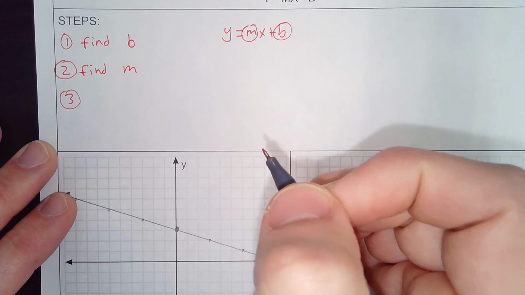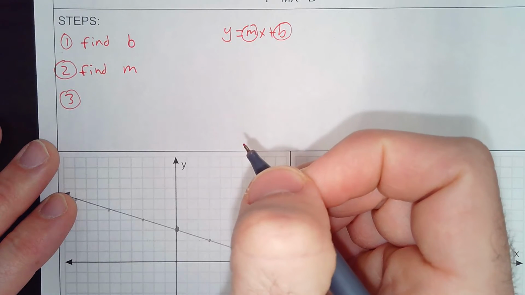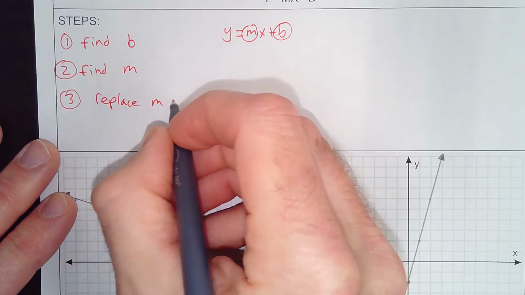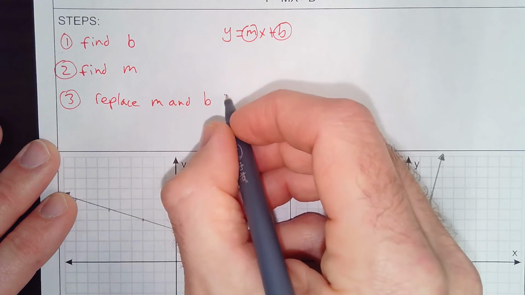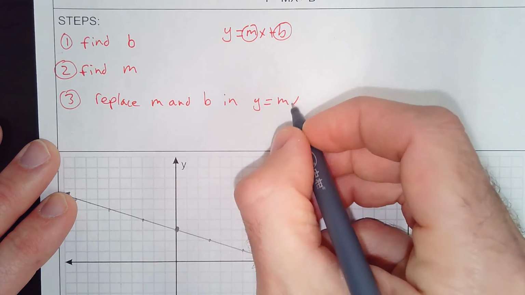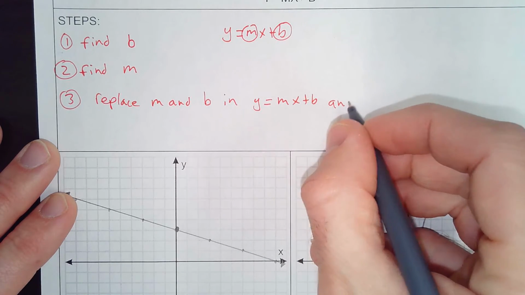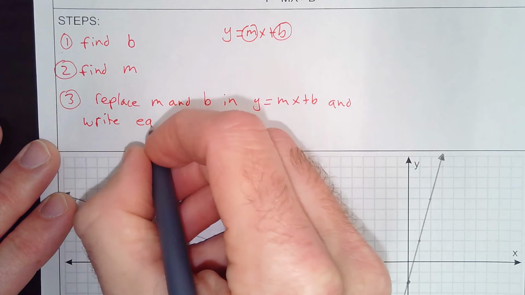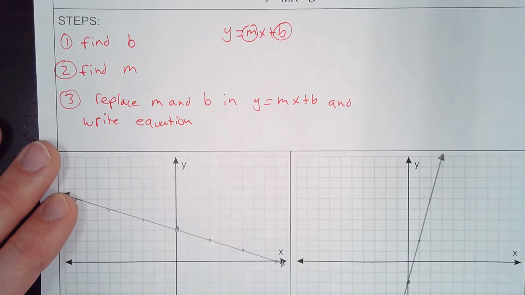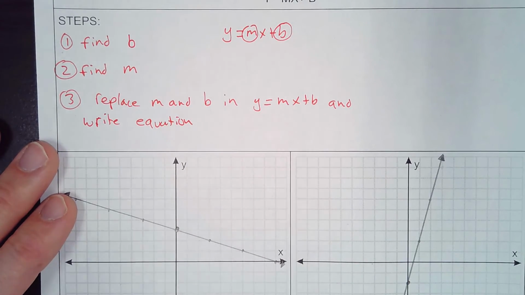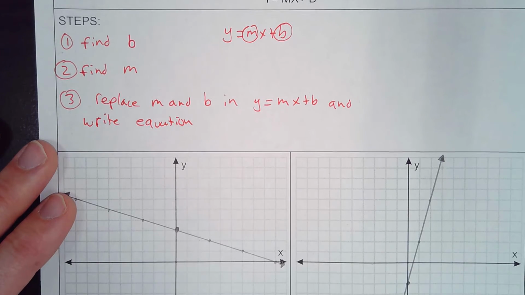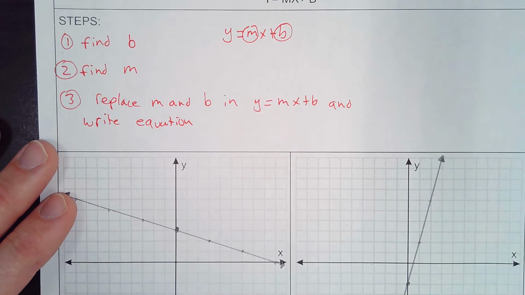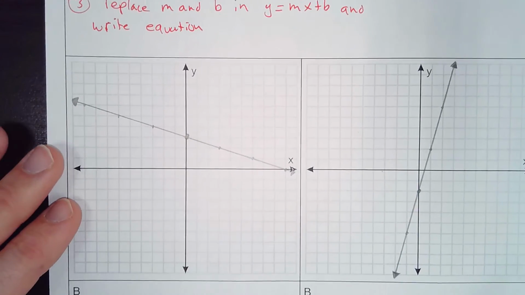Third step, replace m and b in y equals mx plus b, and write the equation. So find m, find b, then once we find those, rewrite the equation with the m and b that we found. So let's scoot on down here.